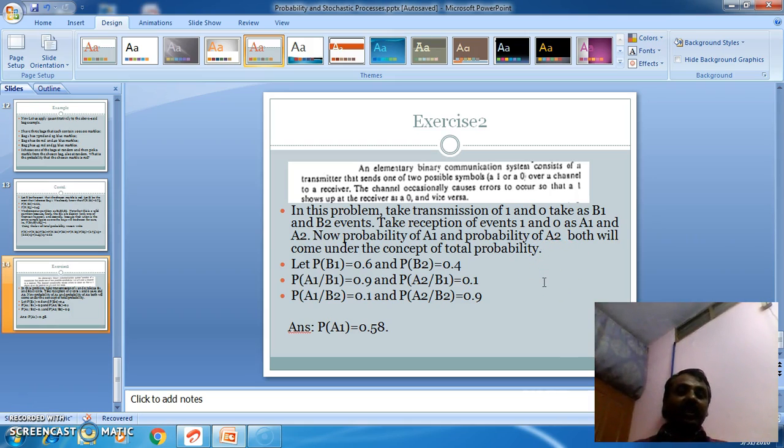P of A1 given B1 is equal to 0.9 and P of A2 given B1 is equal to 0.1. P of A1 given B2 is equal to 0.1 and P of A2 given B2 is equal to 0.9. Under these assumptions, please calculate P of A1 and P of A2, which are total probabilities.